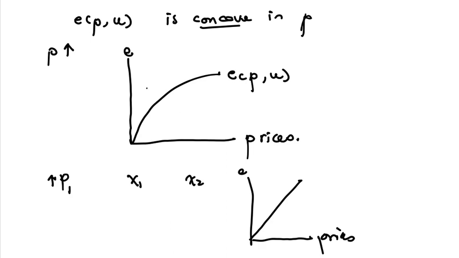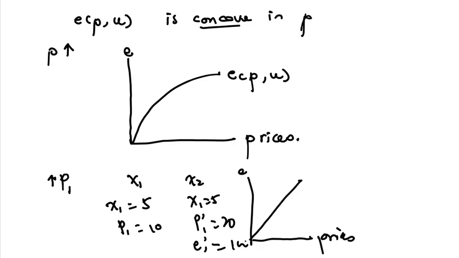For instance, usually you consume X1 equivalent to 5, and the initial price is 10. Now the price increases to, let's say, 20 with the same demand, 5. So what's your expenditure here? Expenditure becomes 100, then 150.